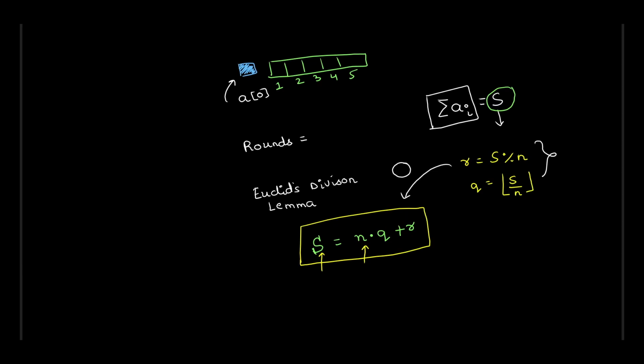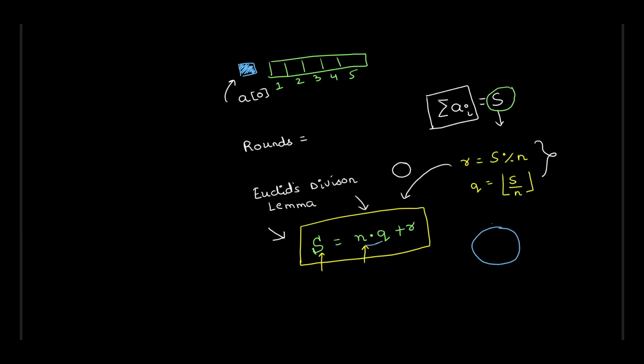So instead of looking at S, which is the left hand side, why don't you look at the right hand side? Right hand side means the total number of balls that you have to consume is equal to n into q plus r. Now, if you visualize all the people as sitting on a circle, then what does n into q represent?